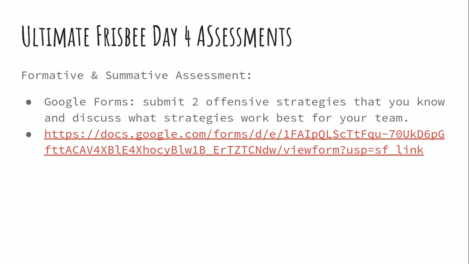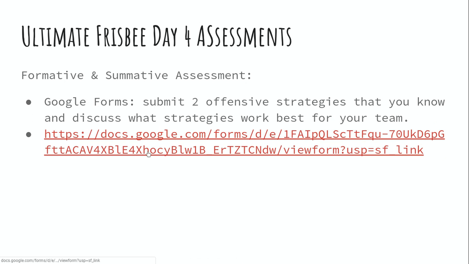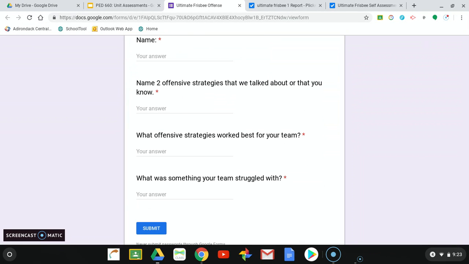Day 4 is a Google Forms. They would quickly log into Google Forms on their Chromebooks, talking about offensive strategies, and put their name, and then they would just write down 2 offensive strategies that we had possibly talked about in class, or even offensive strategies that they know, and not necessarily ones that we went over in class.